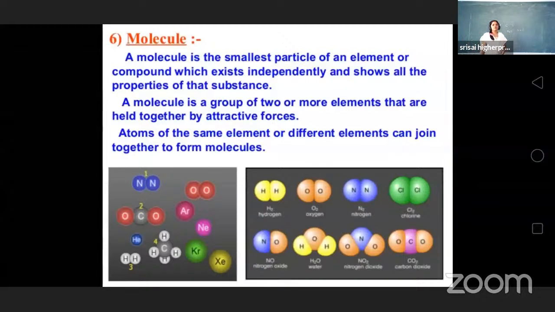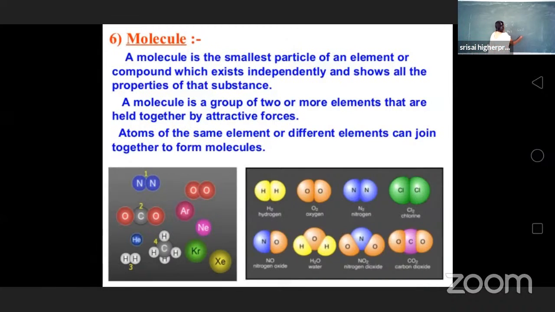Two or more elements are held together by attractive forces. You can see the examples there. Atoms of the same element or different elements can join together to form molecules. H and H become H2. This is the same element.